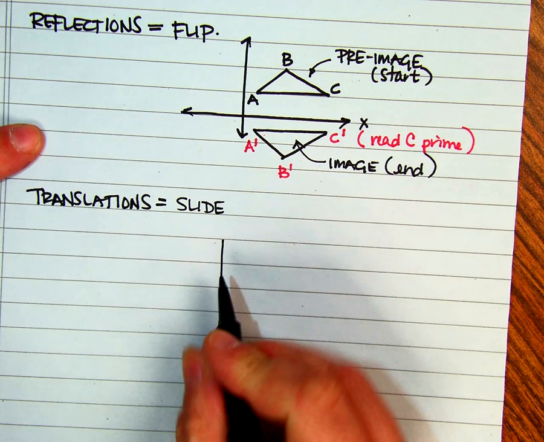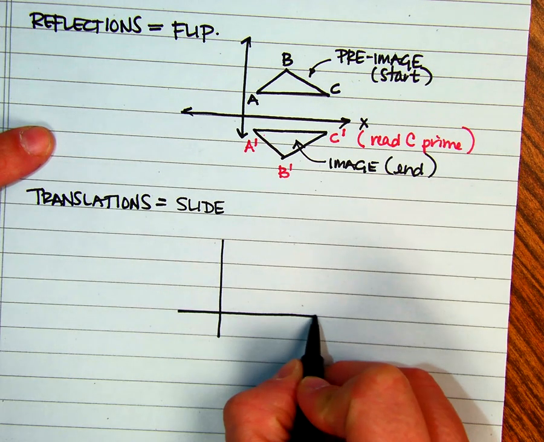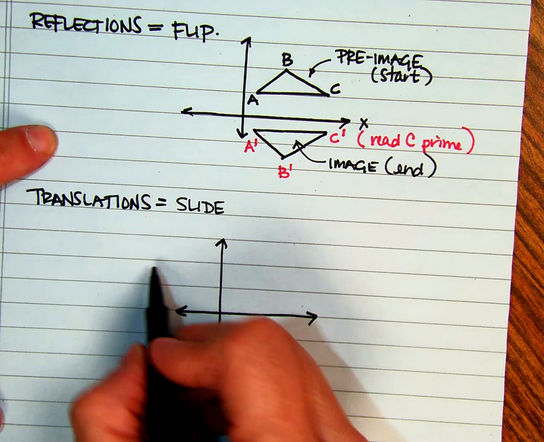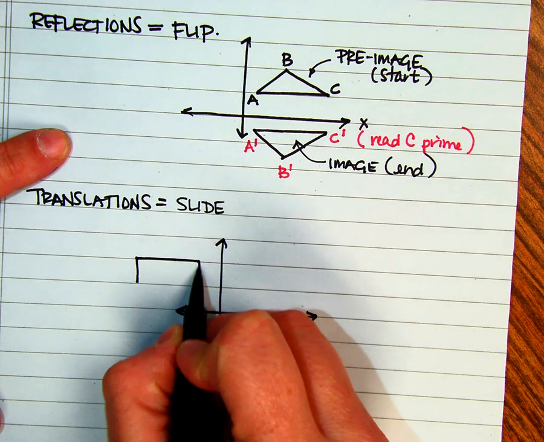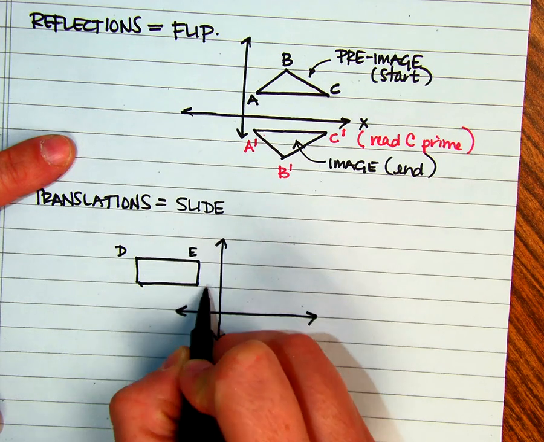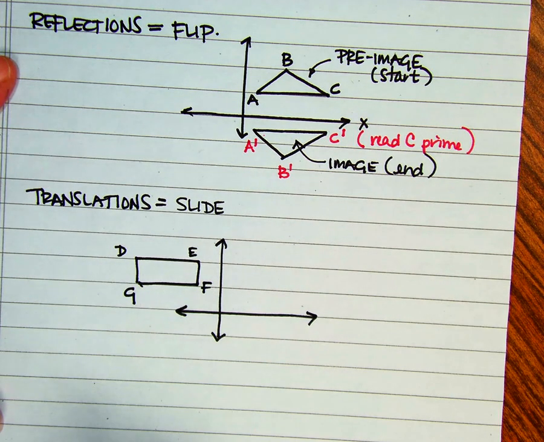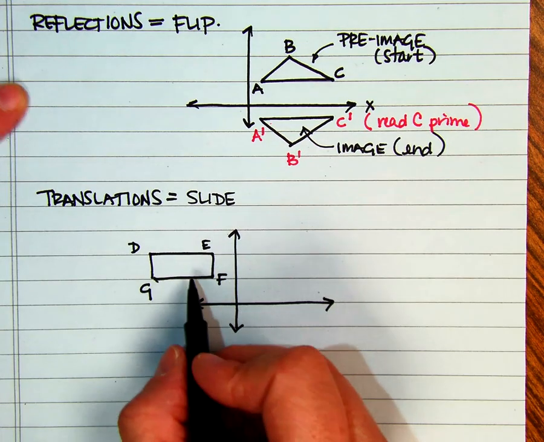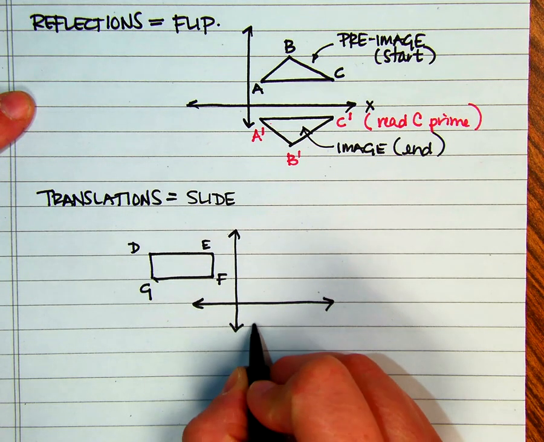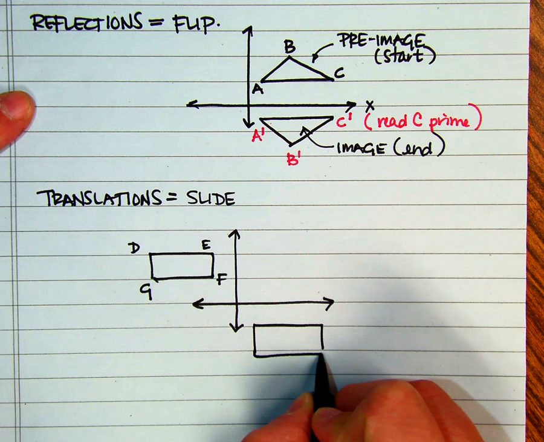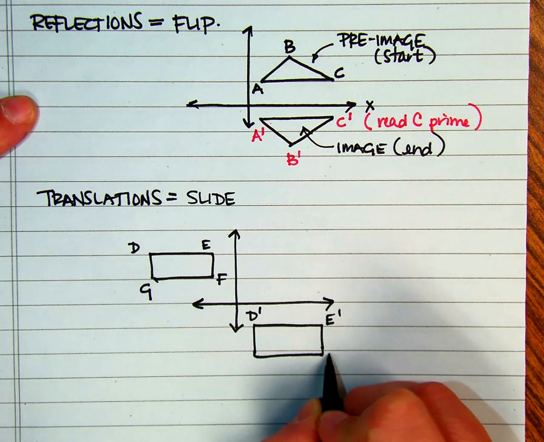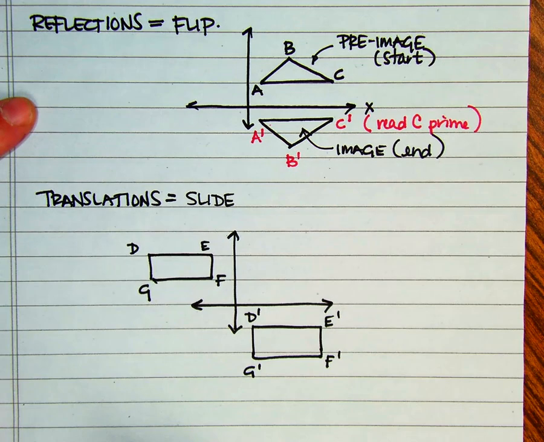So again, if I put this on a coordinate plane, and I have a figure here, we'll label this as D, E, F, and G. So if I slide this to the right and down, then this would be D prime, E prime, F prime, and G prime.